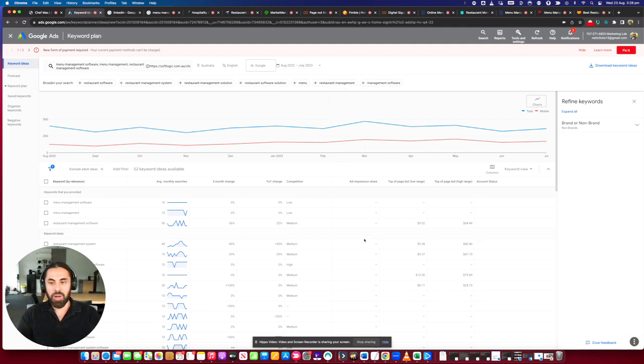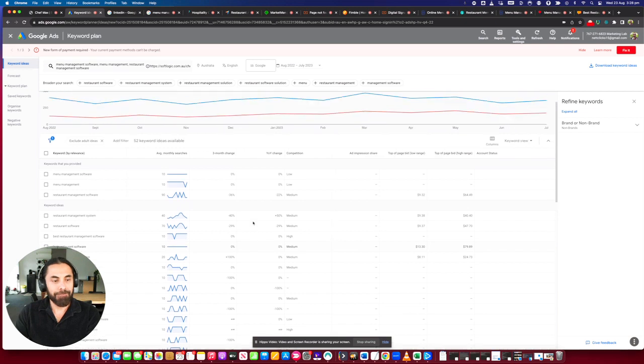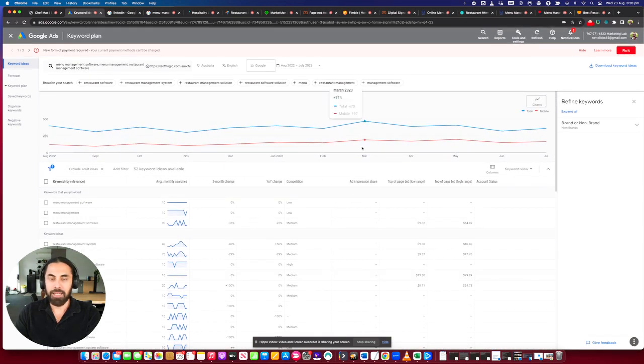And I'm guessing as well, with a click cost, some of these keywords are getting $40 a click, $48 a click, $13 a click. This is absolutely insane.